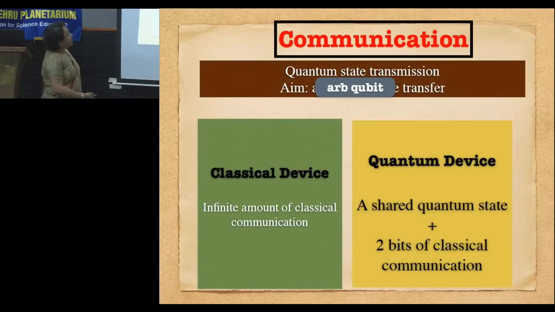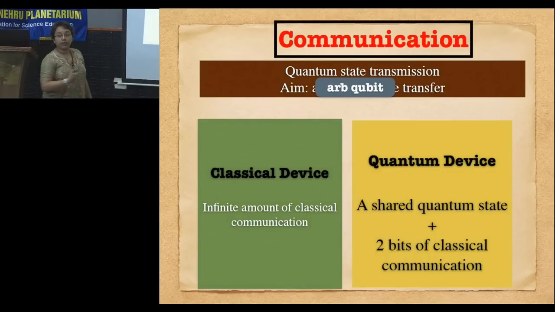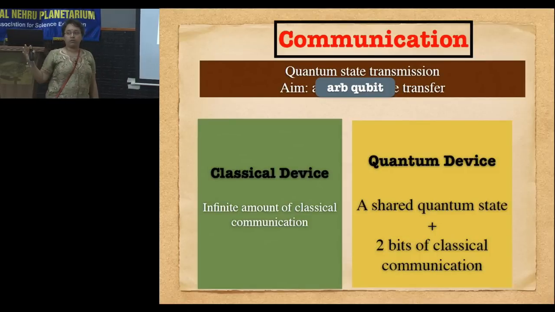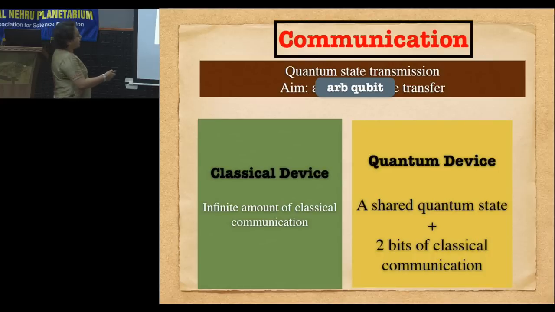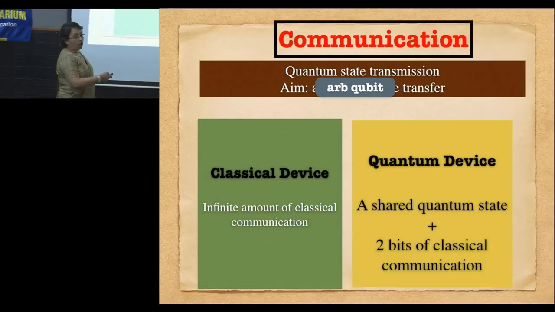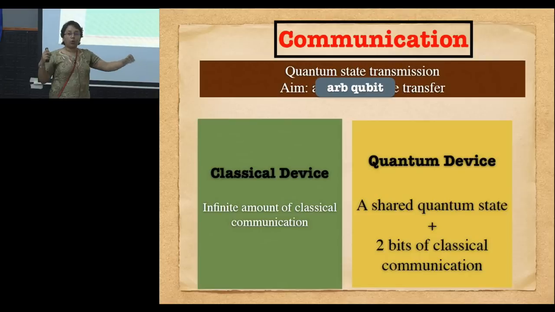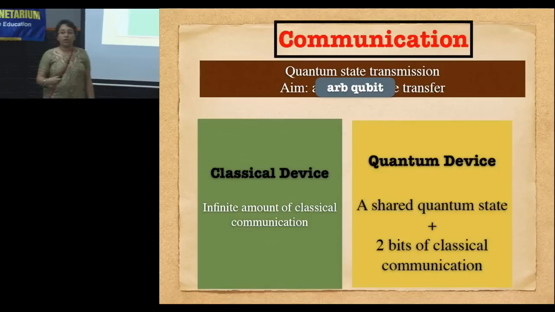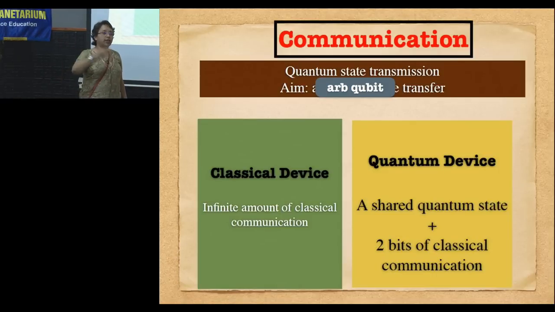If I now compare the classical and quantum device, then in case of a classical device, to fulfill this task, Alice requires an infinite amount of bits or infinite amount of classical communication. On the other hand, if Alice and Bob a priori share a quantum state, a priori build a bridge, then only 2 bits of classical communication is enough to send this qubit.